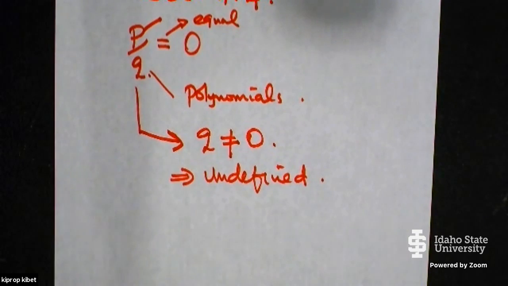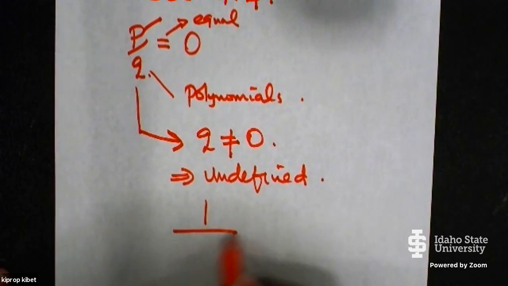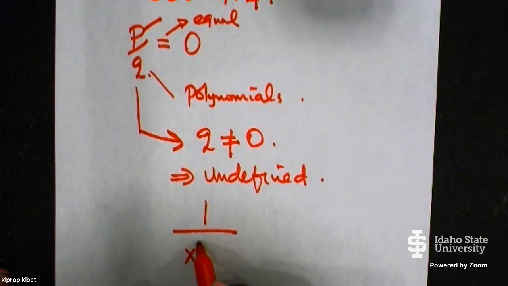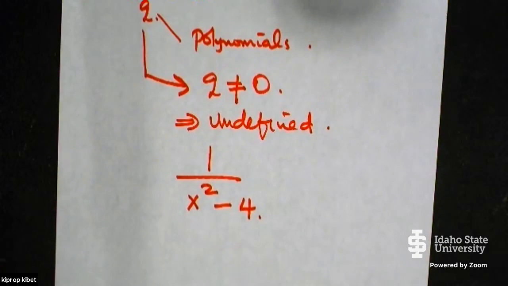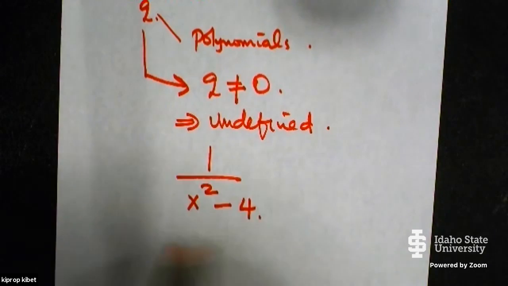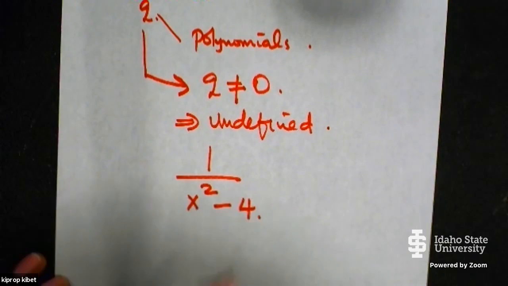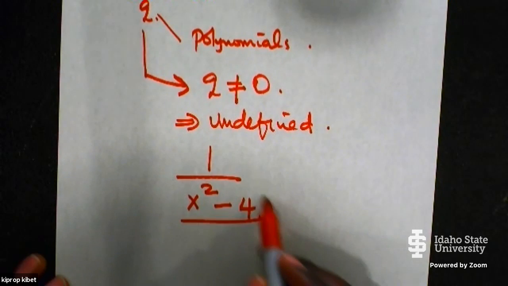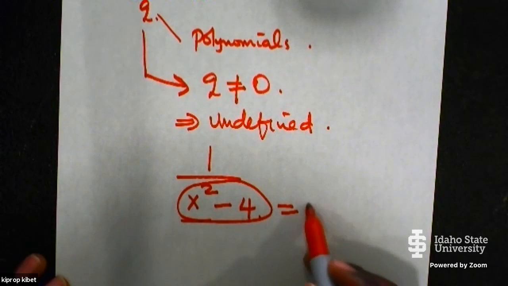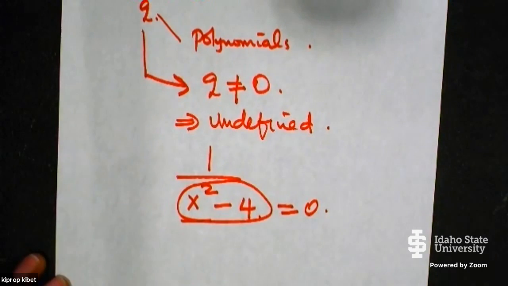If I still remember, 1 over x squared minus 4. So what should make this expression undefined? For this to be undefined, the denominator should be equal to 0.